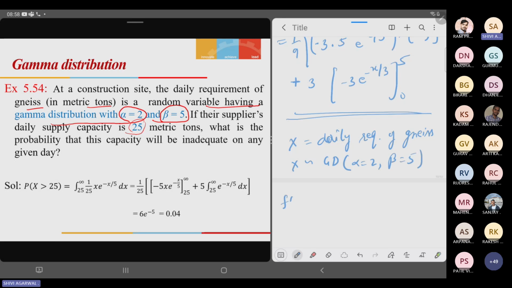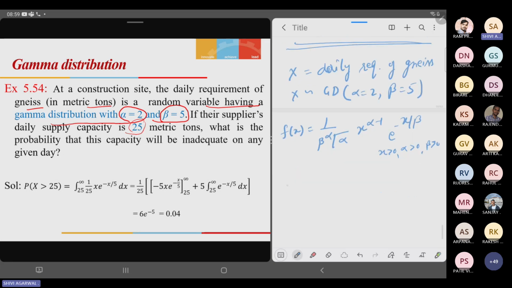Now we are finding the f(x). f(x) is equal to 1 upon beta to the power alpha, gamma function of alpha, x to the power alpha minus 1, e to the power minus x by beta, where x is greater than 0, alpha is greater than 0, and beta is also greater than 0. When we substitute beta equal to 5 and alpha equal to 2, we get 1 upon 5 squared, gamma function of 2, x to the power 2 minus 1, e to the power minus x by 5.